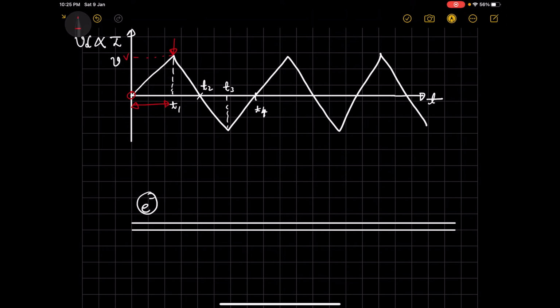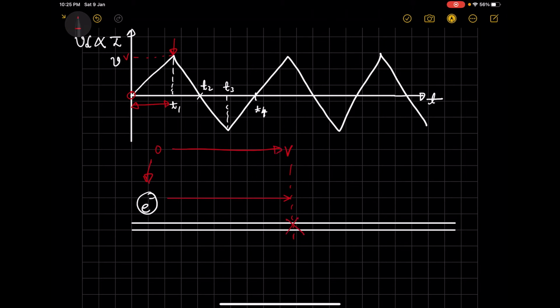So the electron here which was at rest initially, for time t1 will start moving in the forward direction, and when it reaches this point it will be at a maximum velocity v. From 0 it would have increased its velocity to v by the time it reached this point.